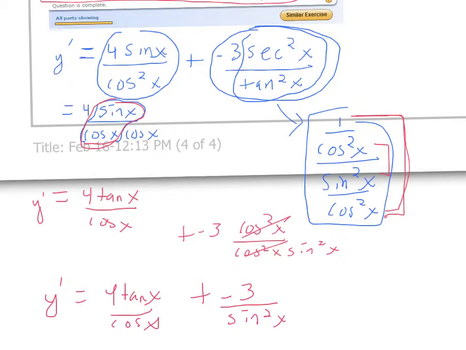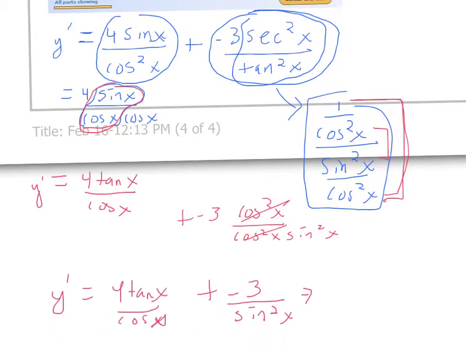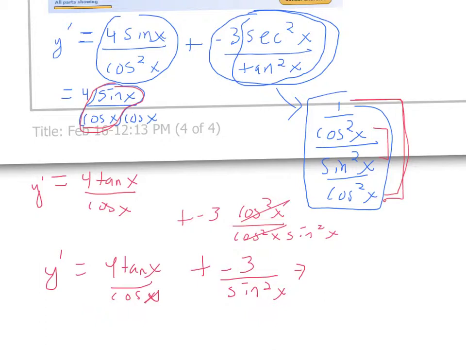Now hopefully you can see how that's going to translate. The cosine x being in the denominator here, like I said, 1 over cos is really secant.